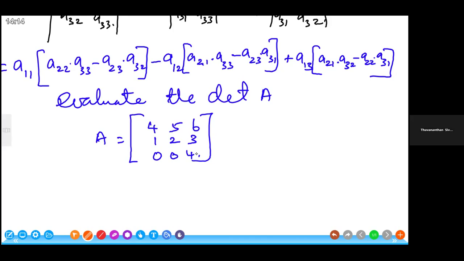I'm waiting for your answer. What is the determinant? Two. Pardon? 2. Yes. Anyone getting a similar value? 12. Yes, 12. Any other value? 21?